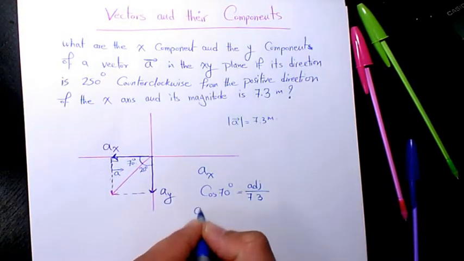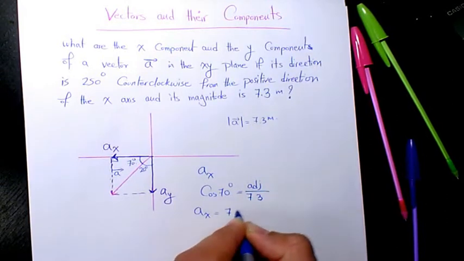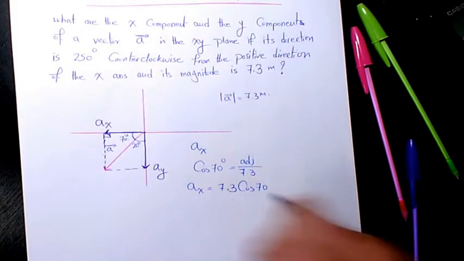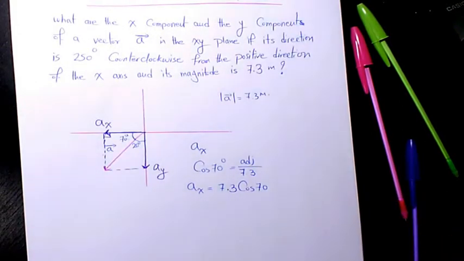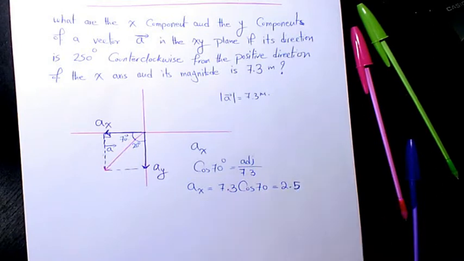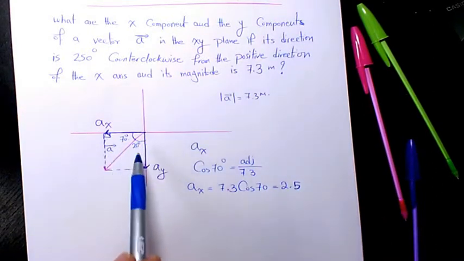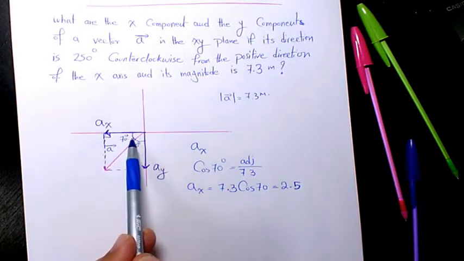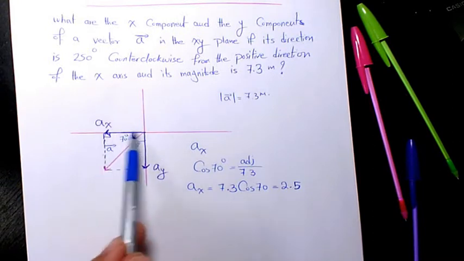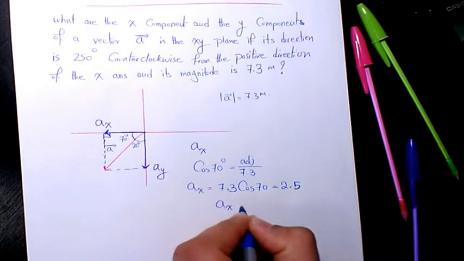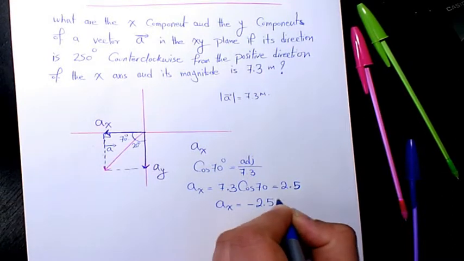So adjacent, which is the ax, equals 7.3 cosine 70. That will be 2.5 almost. And now, because we calculated 70 degrees, but in reality that is 250, and as you see here, that goes to the negative side, we need to make it negative 2.5 meters.